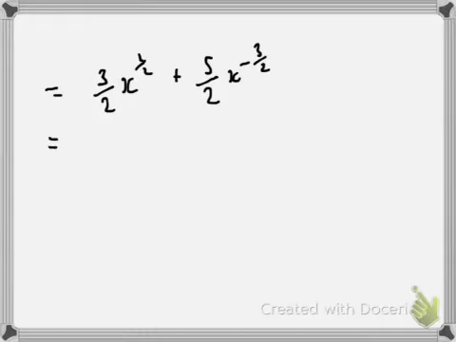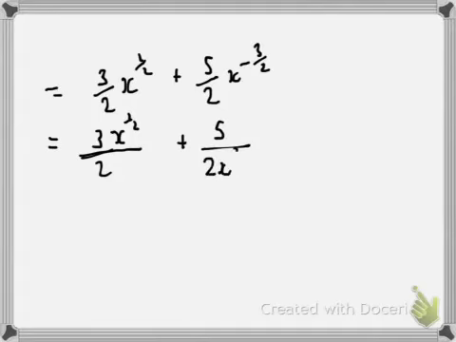So what I'm going to do is express things now with positive indices. In fact, I'm going to set this out slightly differently: 3x to the power of a half on 2 plus 5 over 2x to the power of 3 on 2.